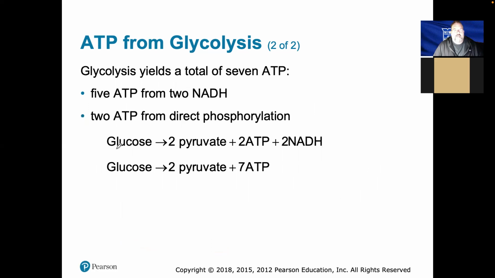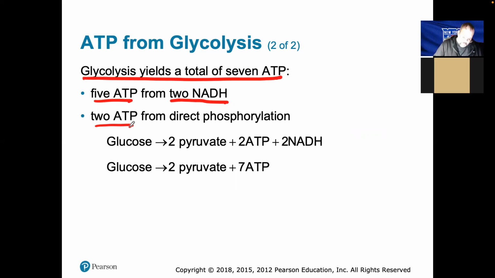Glycolysis yields a total of 7 ATP. 5 of them come from the 2 NADH generated in glycolysis, and then you get 2 ATP directly from the glycolysis process.